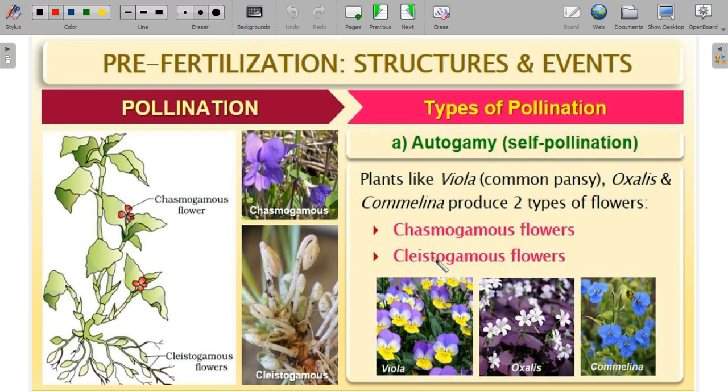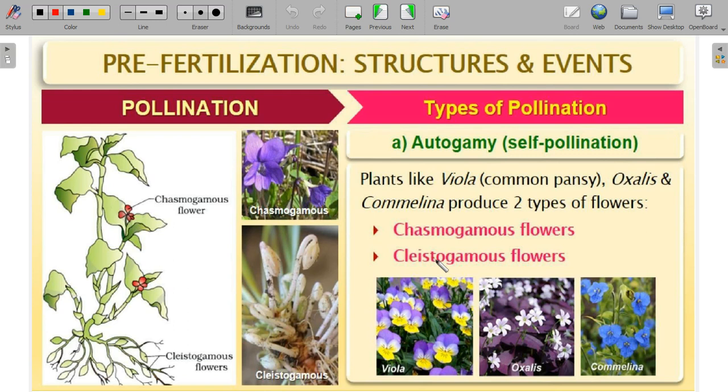Three important keywords I've highlighted here. It's a one mark question, or rarely a two mark question. Why can cleistogamous flowers produce assured seed sets even in the absence of pollinators? That's the question. They can do so because of the following three reasons.